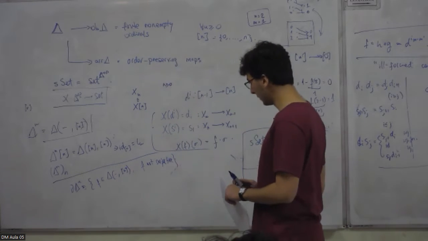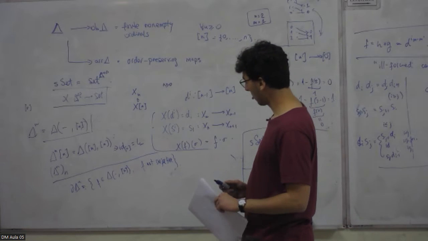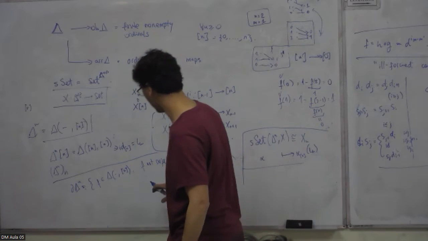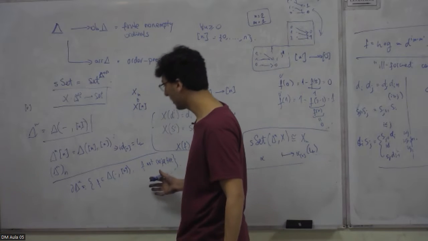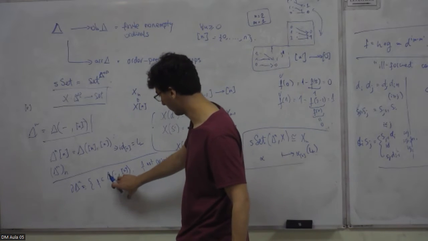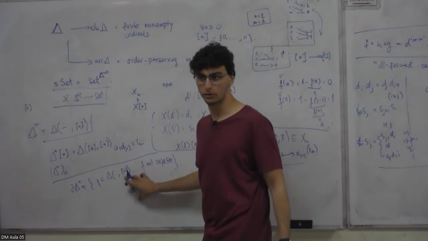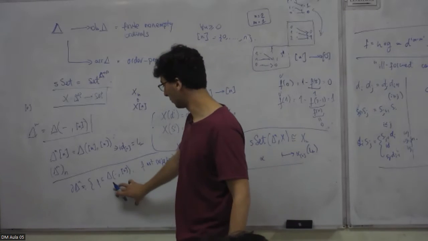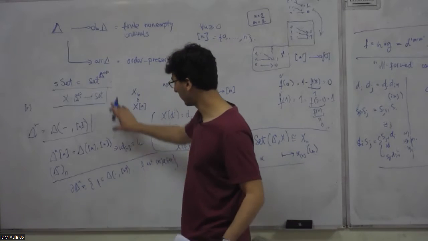Of course, those with degree k correspond to the maps from the ordinal k to the ordinal n which are not surjective, etc.